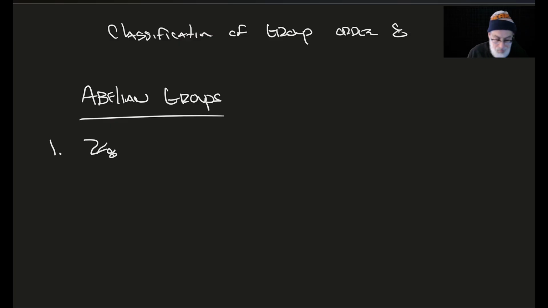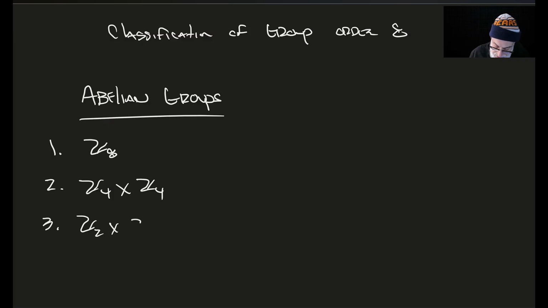So there's 3 abelian groups of order 8. Z mod 8, the cross product of Z mod 4 and Z mod 2, and the cross product of Z mod 2 by Z mod 2 by Z mod 2.